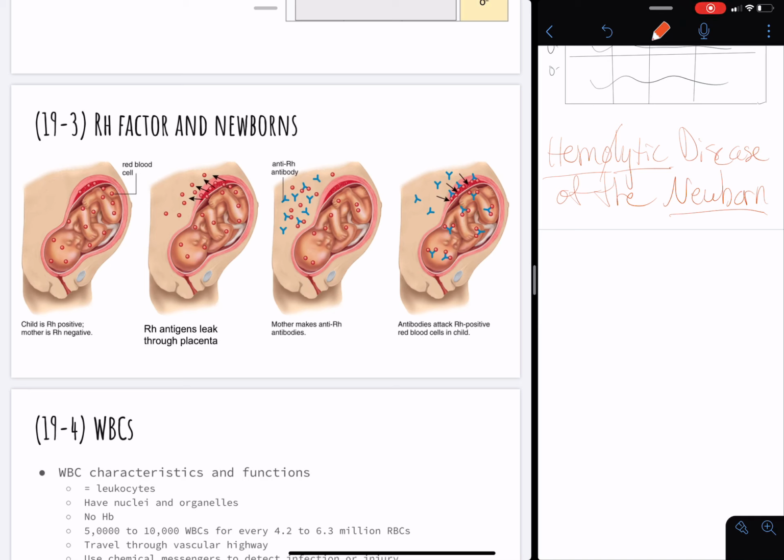This actually used to be a huge problem until we figured out what was the cause of it. There used to be a bunch of, I don't even want to call them miscarriages because I'm not sure at what point in the term they were discovered to be unfortunately dead fetuses.